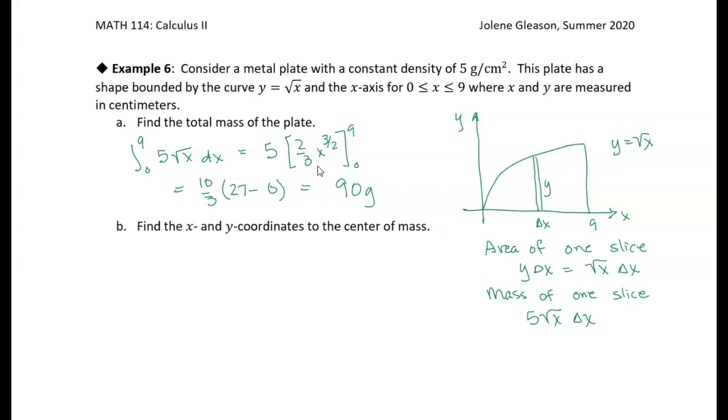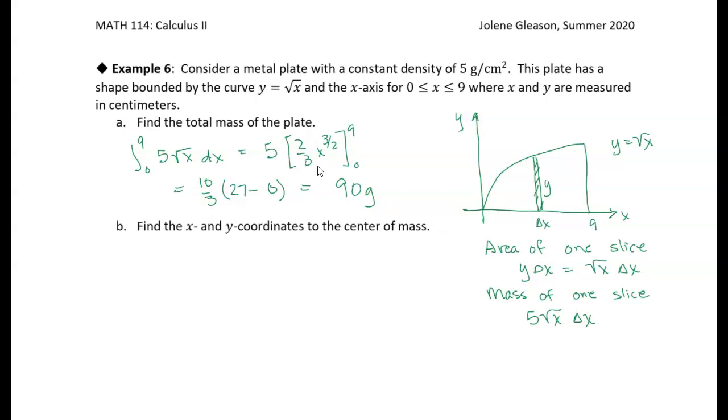So if we look at this little slice that we were dealing with here, we can find the moment around the y-axis, and that is going to give us the x-coordinate of our center of mass. So that might seem a little backwards. We're finding the moment around the y-axis in order to find the x-coordinate of the center of mass.